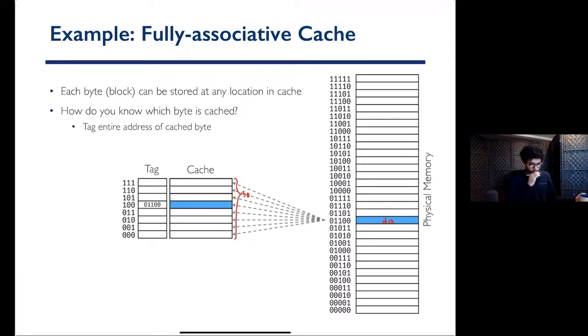So wherever I put my data, because it could be anywhere, I'm going to use the address to tag my data. Now, whenever I'm searching for a specific address, I have to just search and see if I have that address in my tag. And if I do, then the corresponding cache line is the data that I'm looking for. And if I don't have the address as my tag, this means that the data is not cached. So it's a miss in the cache.